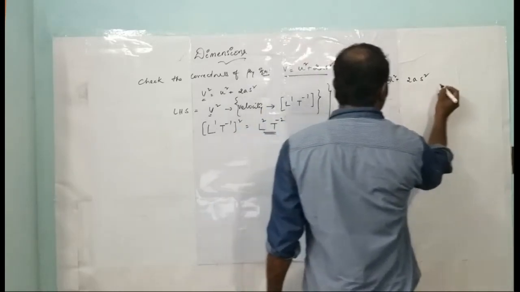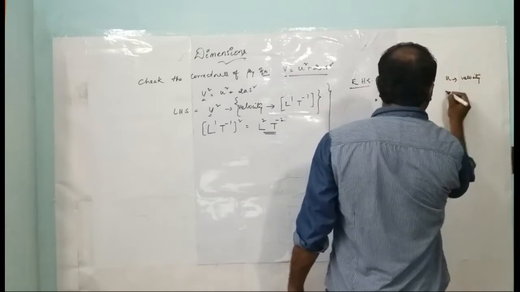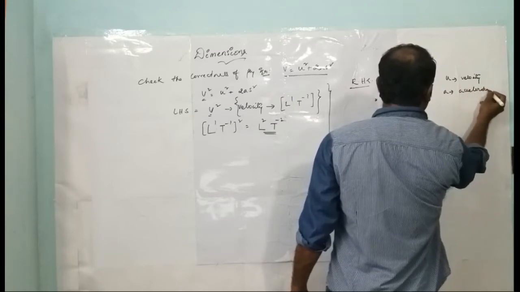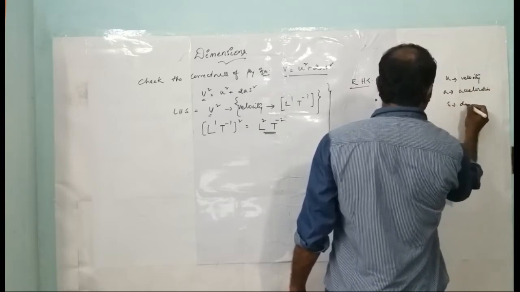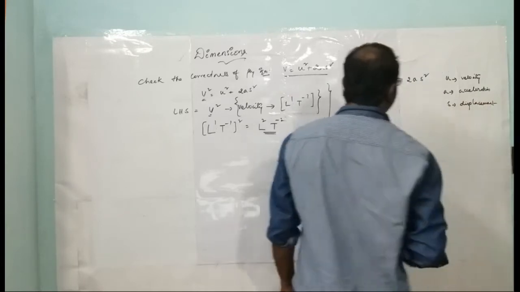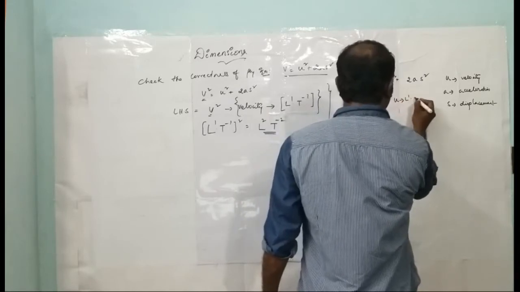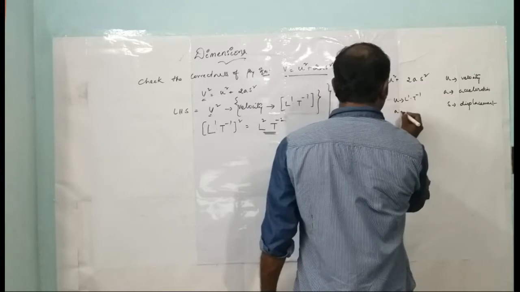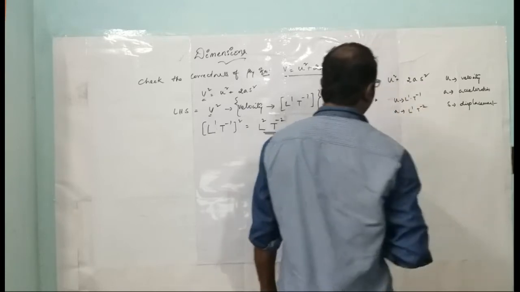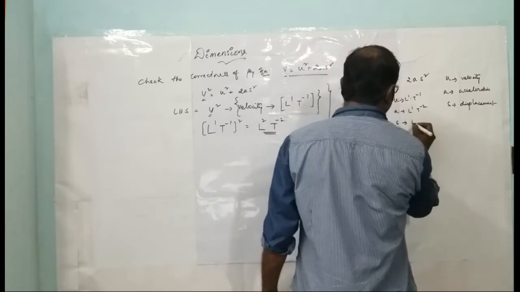This u is also velocity, a is acceleration, and s is the displacement. For u, what are the dimensions? L1 T to the power minus 1. Acceleration is L1 T to the power minus 2. And displacement is nothing but length, it is L1.